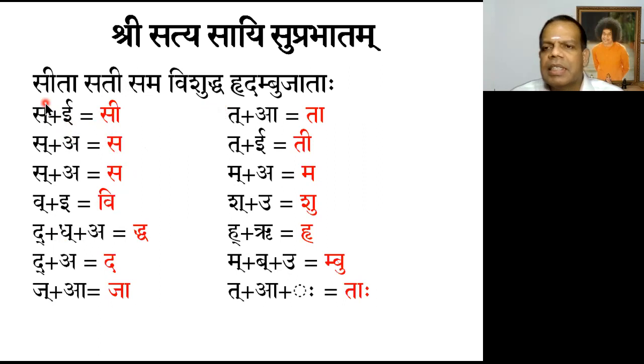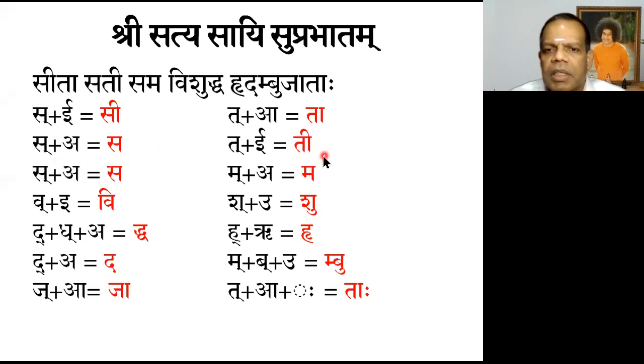The first letter is Sa plus the longer E, so it's Si. The next letter is Ta, with plus A, longer A, Ta. The next letter is Sa, plus A, Sa.